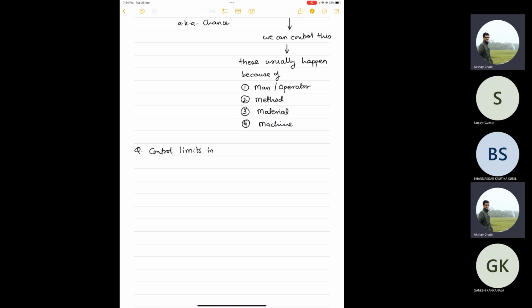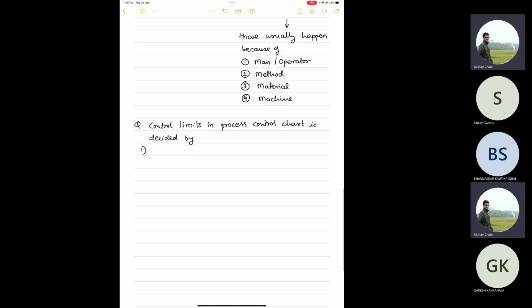Control limits in process control charts are defined by, or maybe you can put, is decided by.